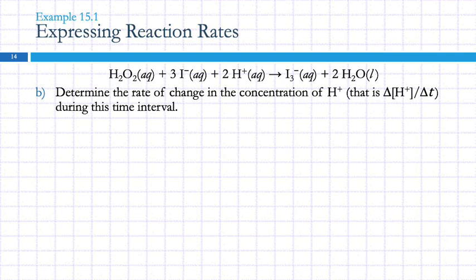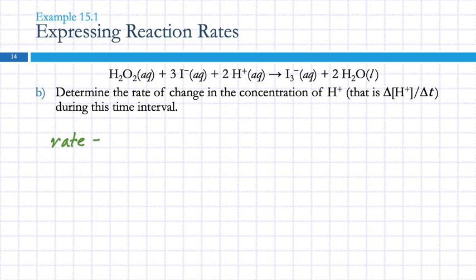Determine the rate of change in the concentration of H plus during this time interval. Well, we could write an equation describing the change in concentration of H plus. That's the rate of the reaction, right?